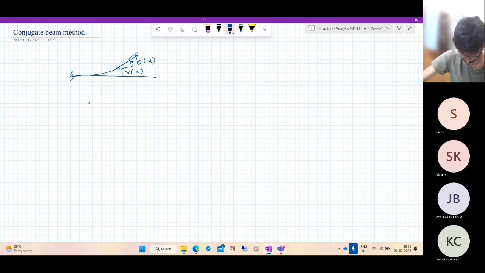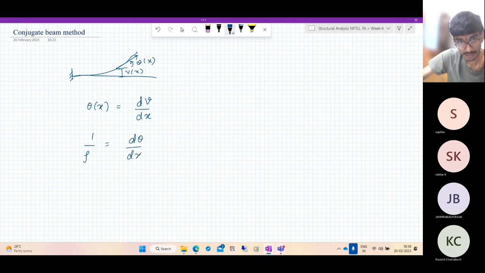We know that theta of x is dv by dx, and we know the curvature 1 by rho is d theta by dx.